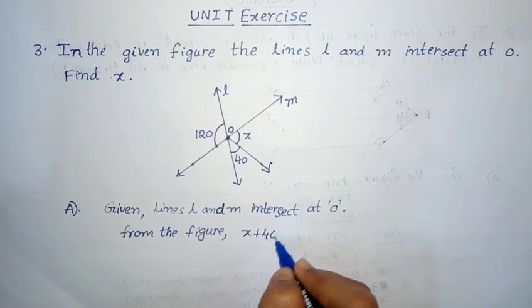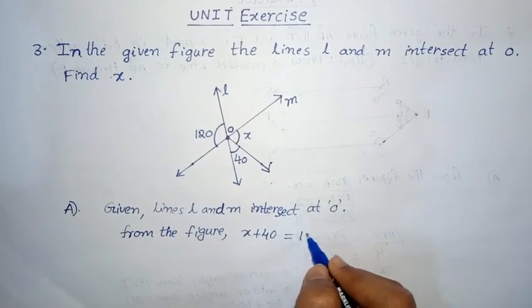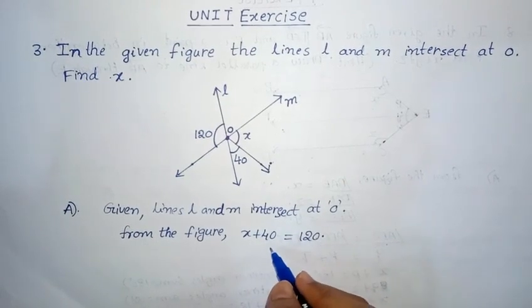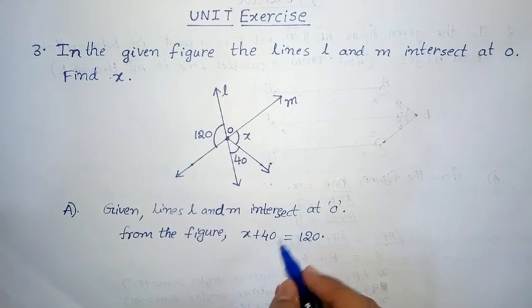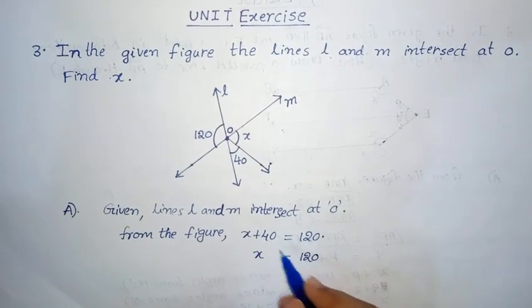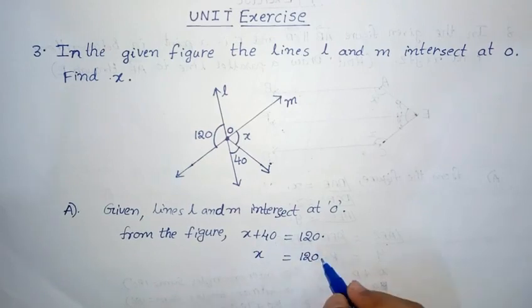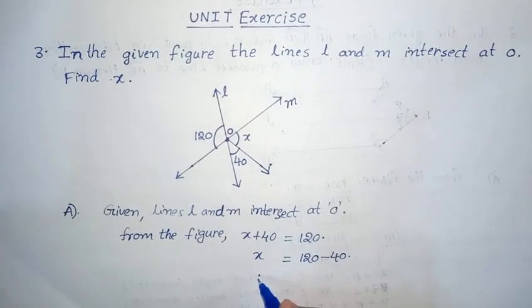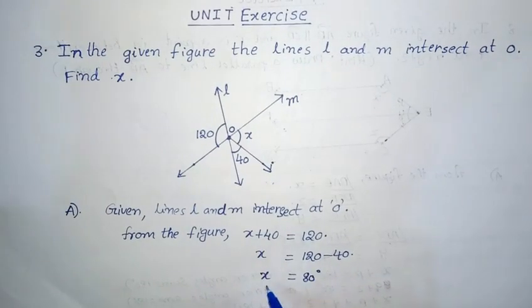From this simple equation, find the x value. So x is equal to 120 minus 40, since 40 moves to the right side as minus 40. 120 minus 40 becomes 80. So x equal to 80 degrees is the solution for the given problem.